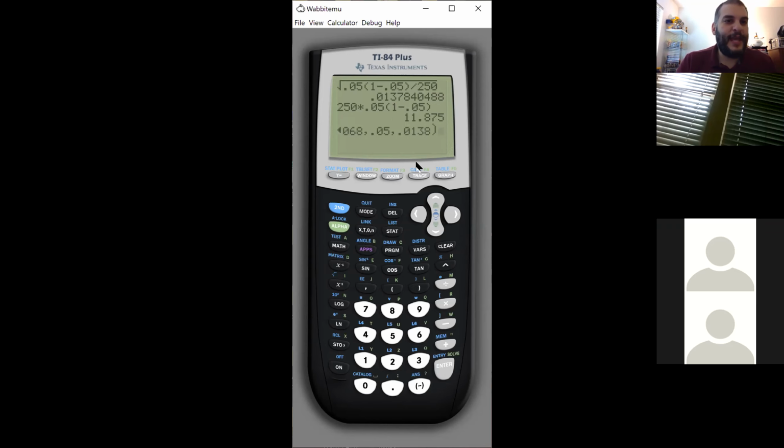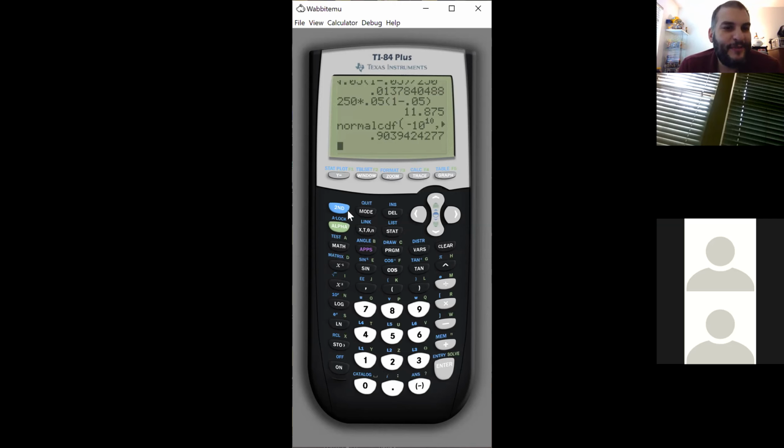We paste, enter, and you get 0.9039 for your final answer. That's it for part B. Any questions in regard to part B?